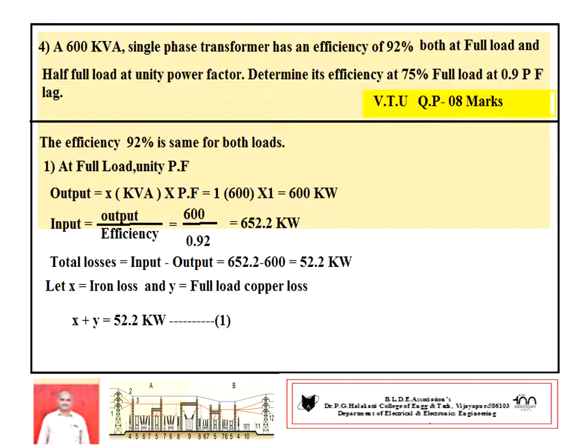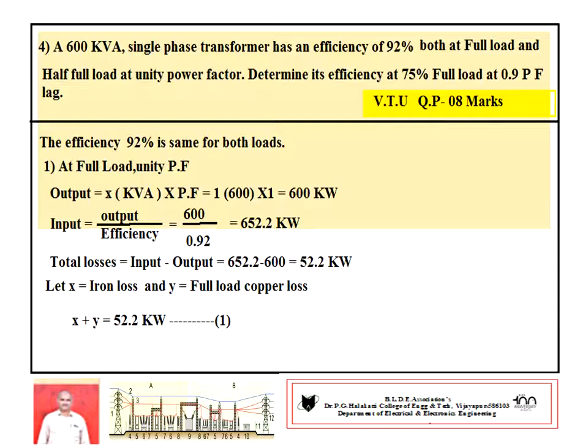This total loss is the sum of iron loss and copper loss. Develop the expression. Okay. So number 1, at full load unity power factor condition, calculate output, x into kVA into power factor, 1 into 600 into 1, 600 kilowatt.